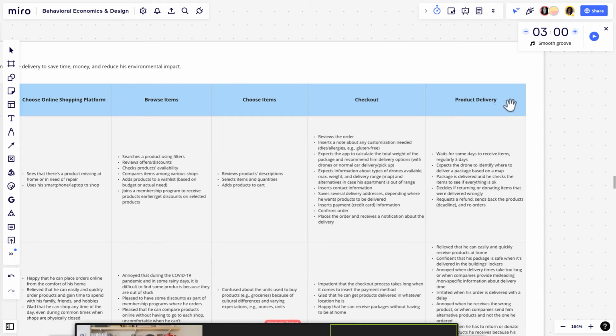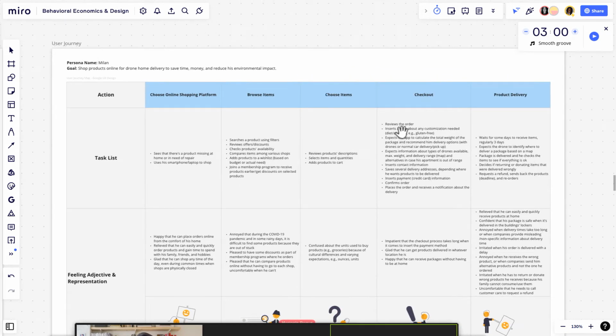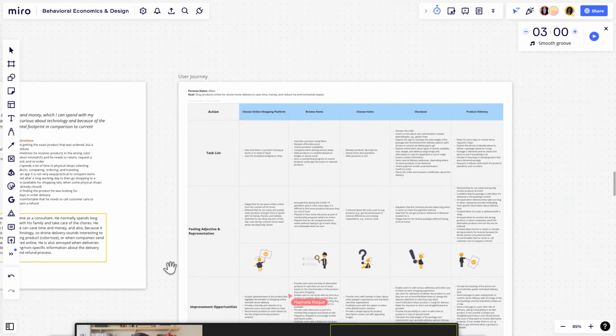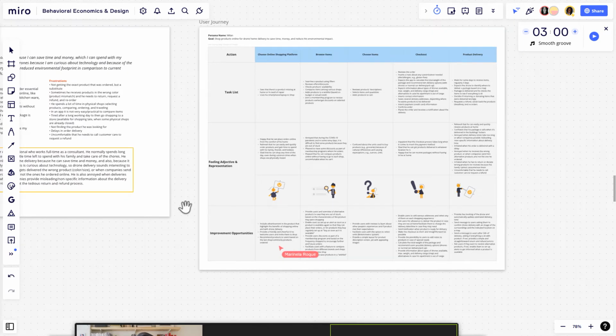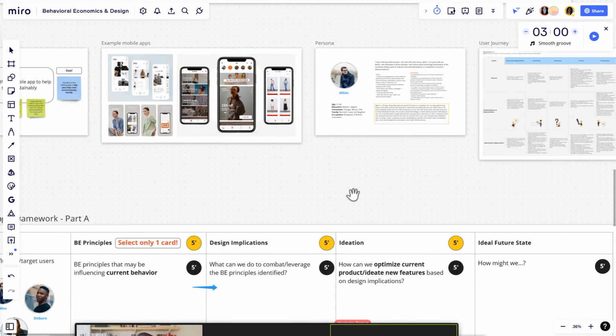So one additional step on this user journey could be returning the product and rebuying and then receiving the product. But for the sake of this exercise, let's close it in product delivery. But you know that the issue is that users sometimes may need to return the product. So this is then our user journey.